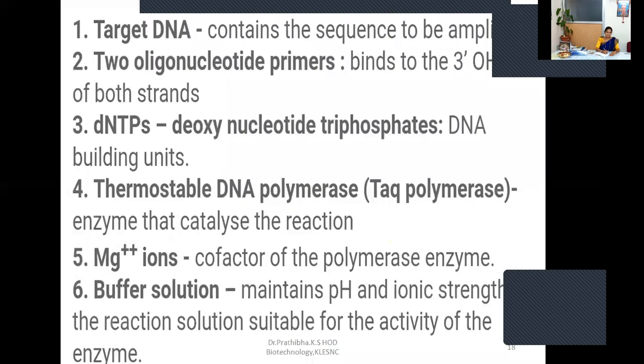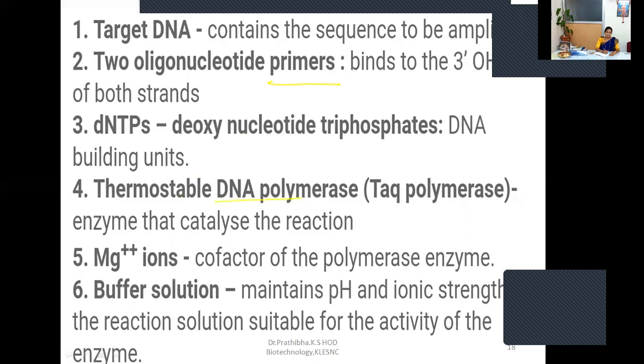So these are the requirements of this PCR experiment. Target DNA, which contains the sequence to be amplified. Then 2 oligonucleotide primers, which bind to the 3' hydroxyl of both strands. Then dNTPs, deoxynucleotide triphosphates, which are the DNA building units. With the primers, you can write reverse primer and forward primer.